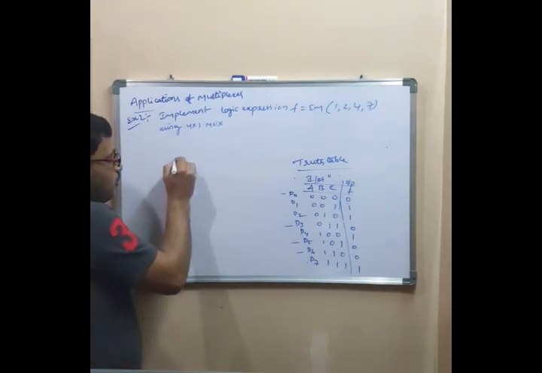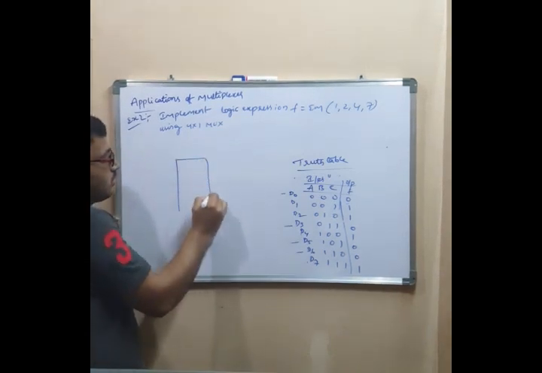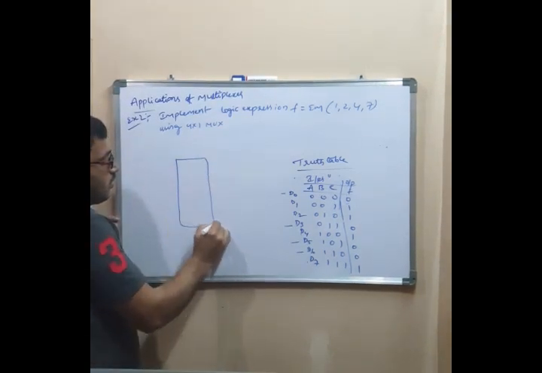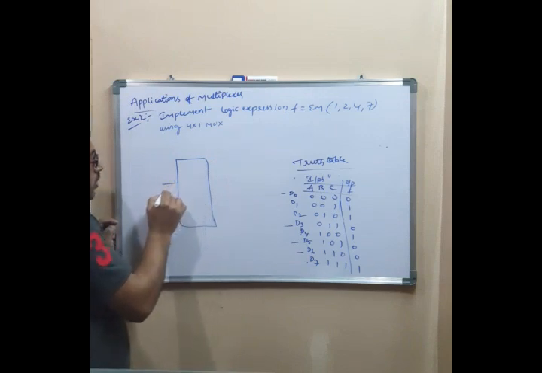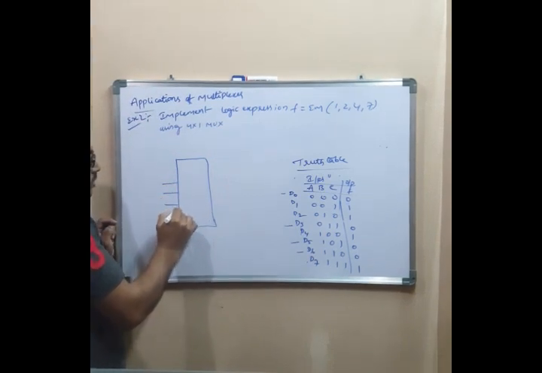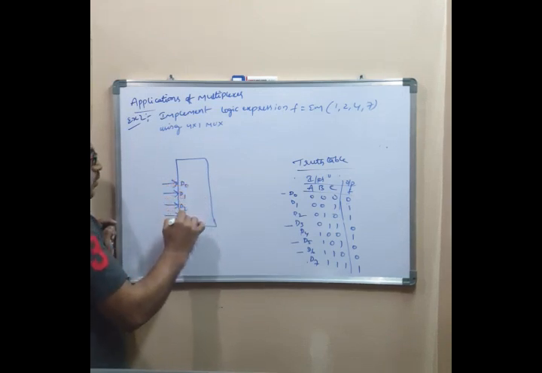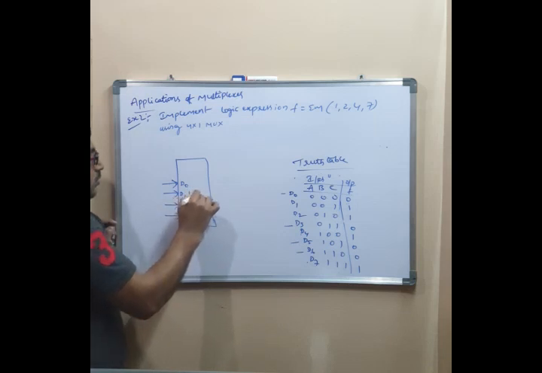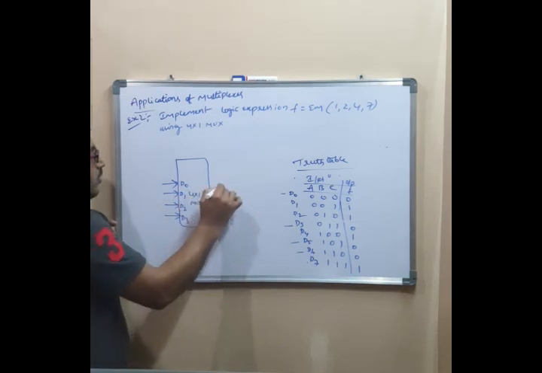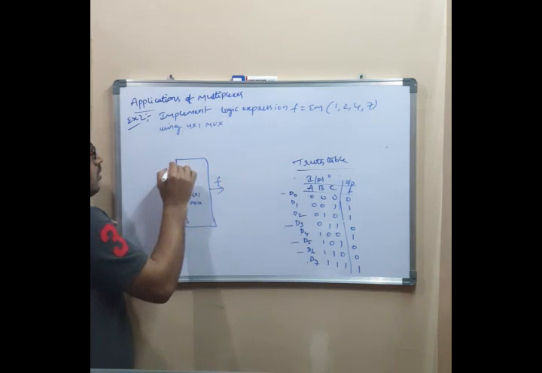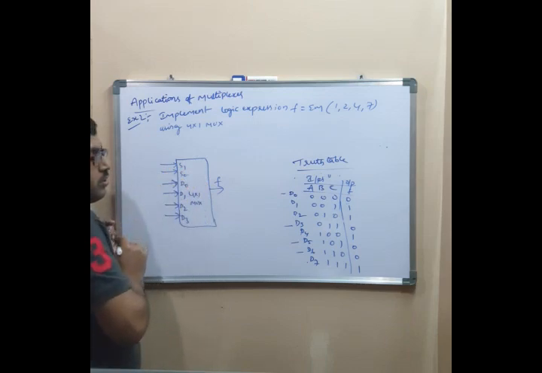As a 4 into 1 mux contains only 4 data inputs, D0, D1, D2, D3, a single output, and it has 2 select inputs, S1, S0, right?